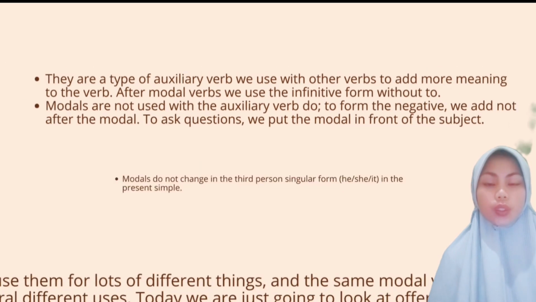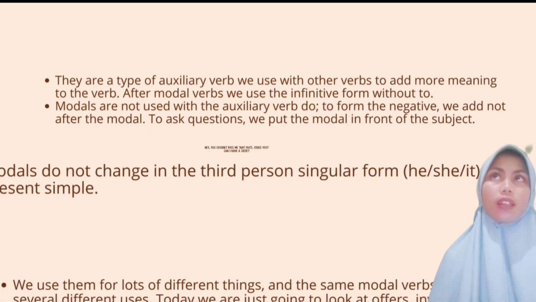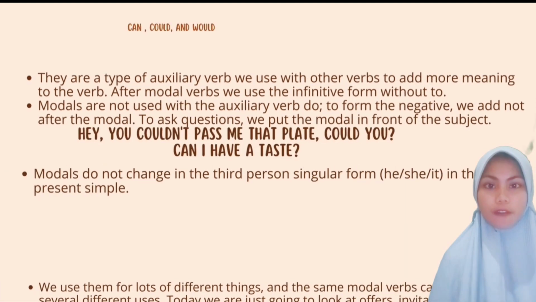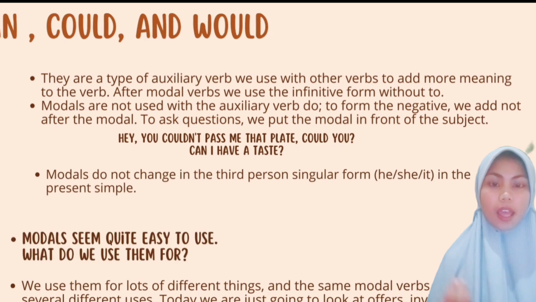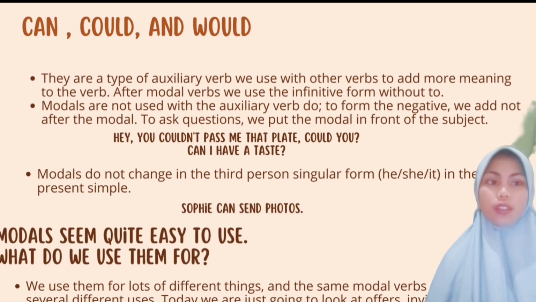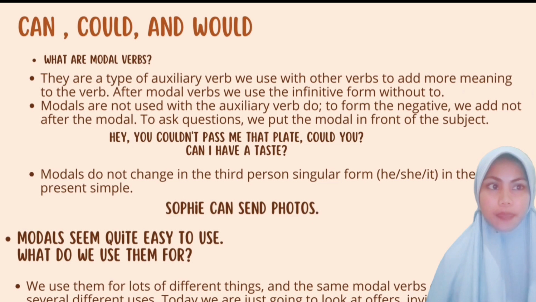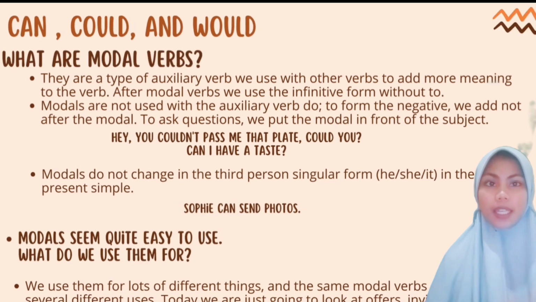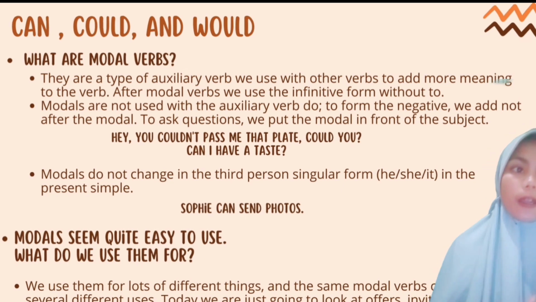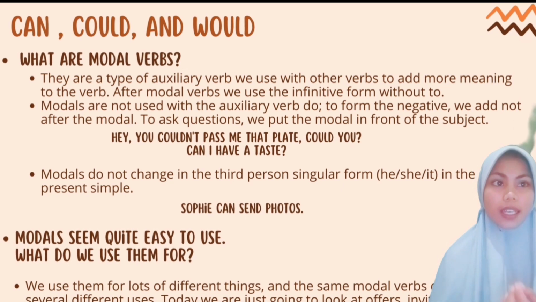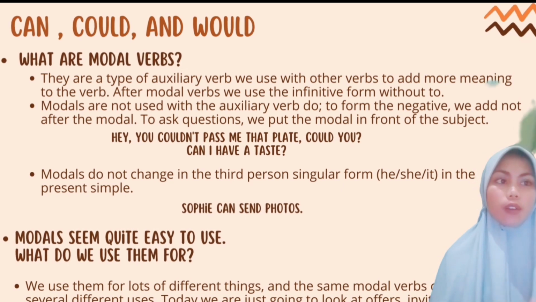Can, could, and would. What are modal verbs? They are a type of auxiliary verb we use with other verbs to add more meaning to the verb. After modal verbs, we use the infinitive form without to.